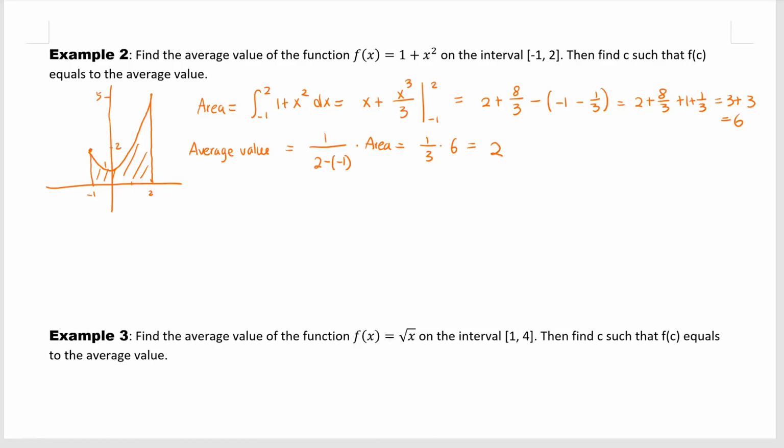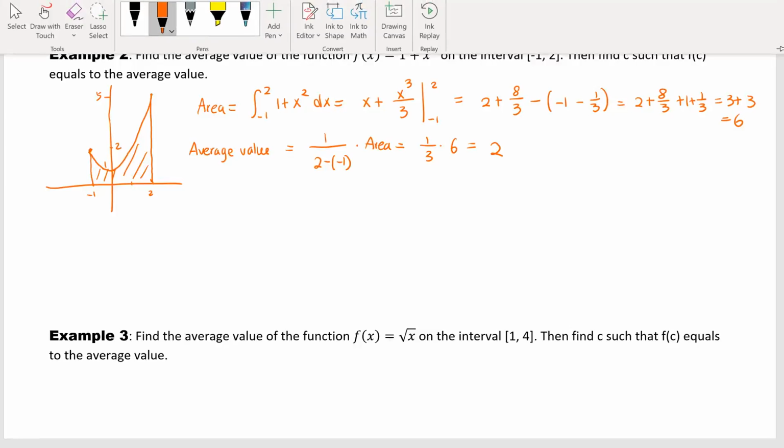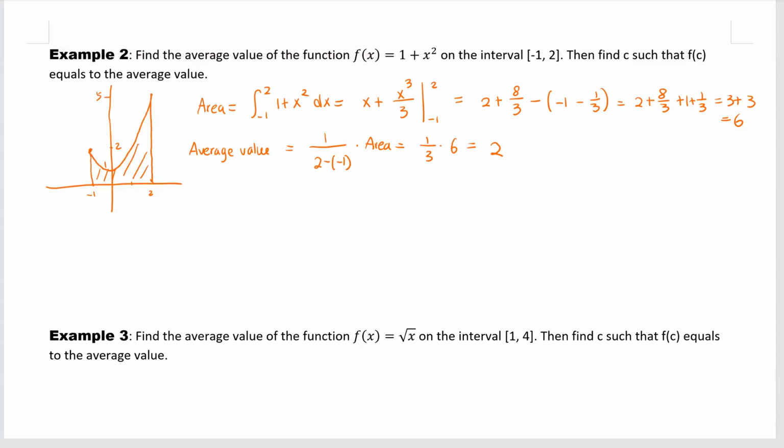The average value is 2. So that means, after the water settles down, it looks like this line. So far so good.